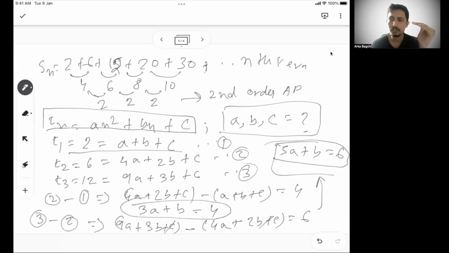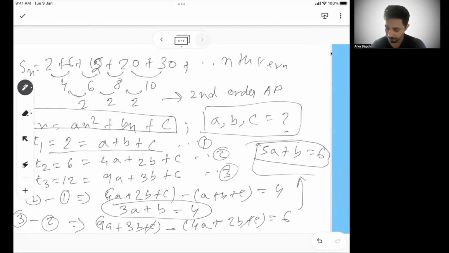First you identify which order AP it is, then identify the right standard form, and then put the values of N based on the terms given to you, create those equations, solve it, and get the generic term. So this is the way you can solve it.